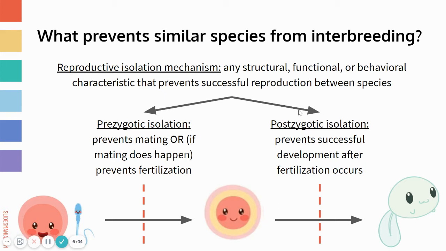The other option is that sometimes we do get the production of a zygote, so the problem occurs somewhere after that. In this case, we call it a postzygotic isolation. Fertilization does happen, but development after that is not successful for some reason. Our next two slides will dig a little deeper into what kinds of factors we might consider for prezygotic and postzygotic isolation mechanisms.